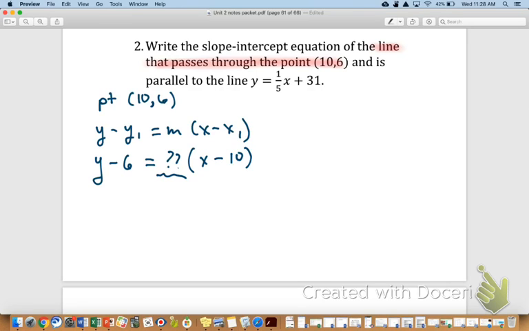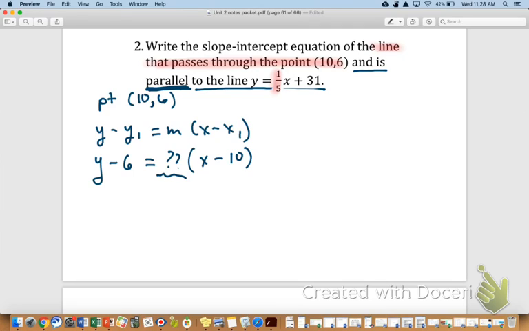But I'm given one key statement, and I'm going to underline it for you. My line is parallel. So we just talked about this a few minutes ago. Parallel lines, slopes have what relationship? They're equal. So what's the slope of that line there that ours is parallel to? 1/5.